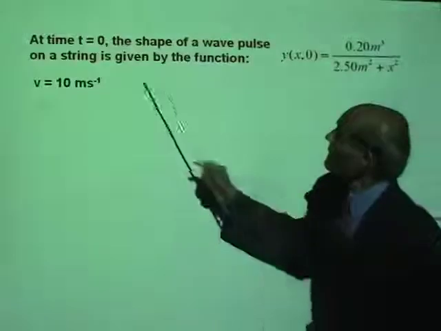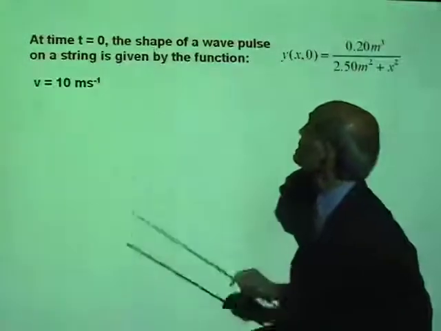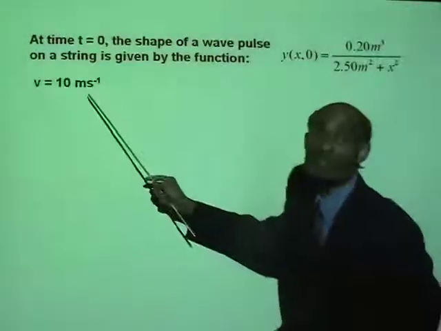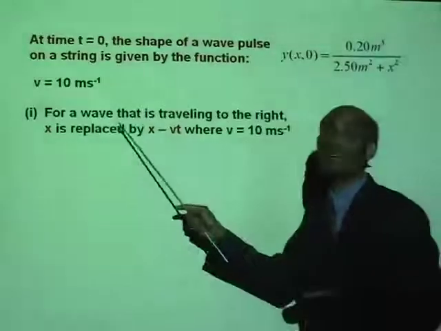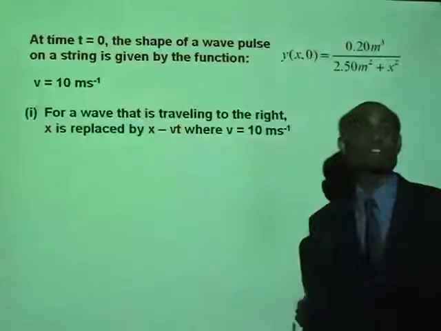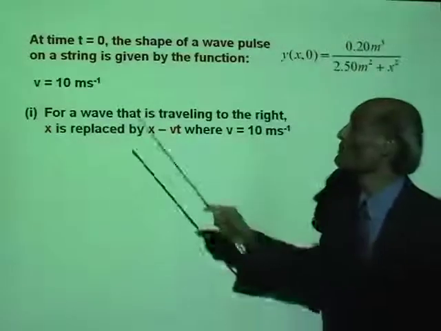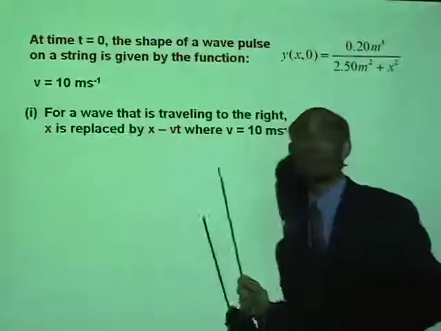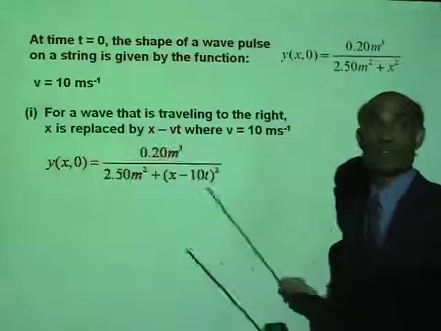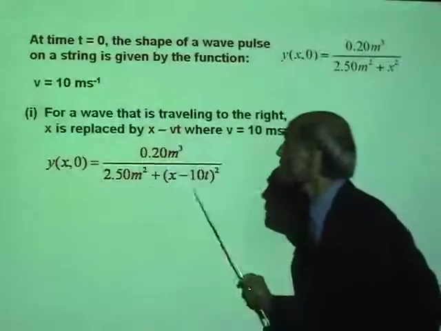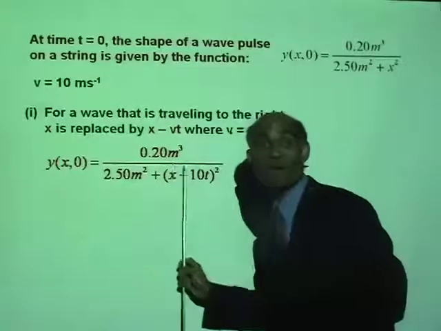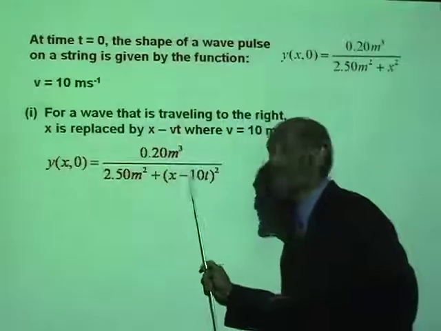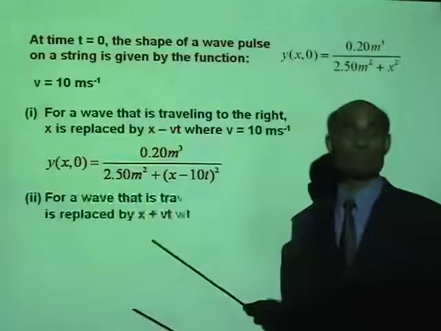At t equal to 0, the shape of the wave pulse we just saw. If v equal to 10 meters per second, for a wave that is traveling to the right, we replace x by x minus vt. Therefore, this is the equation for the wave pulse that is advancing to the right with a speed of 10 meters per second.